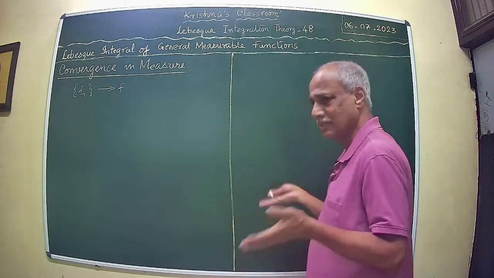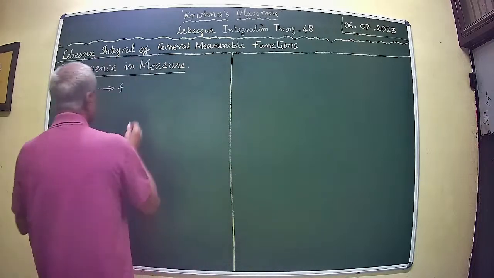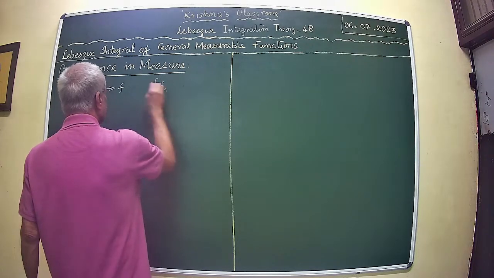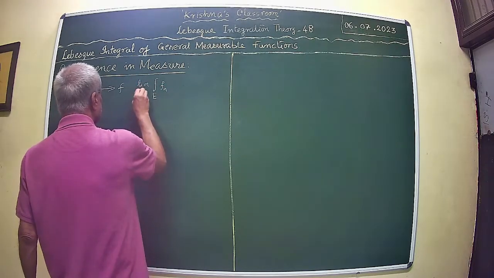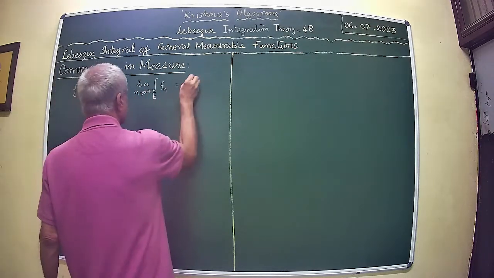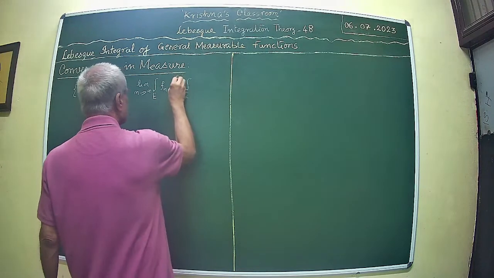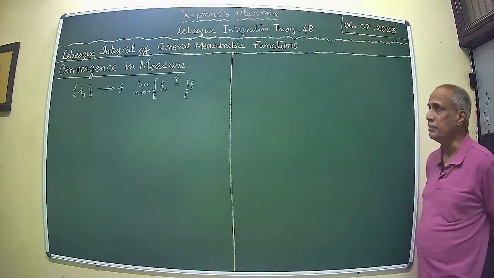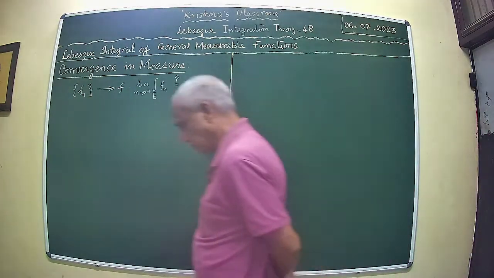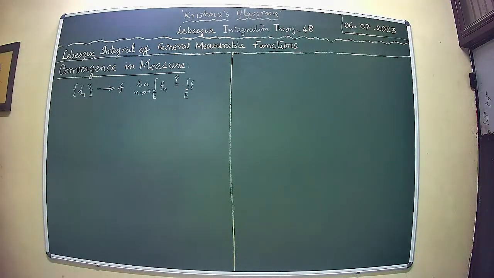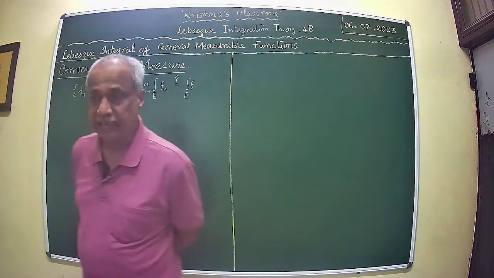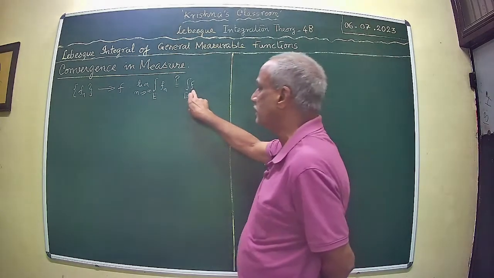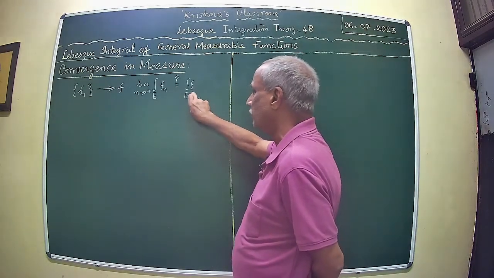Then the question you are asking is, can you say that the integral of the limit equals the limit of the integrals? It essentially means that you can interchange the integration and the limiting process, because f is essentially the limit as n tends to infinity of fn.